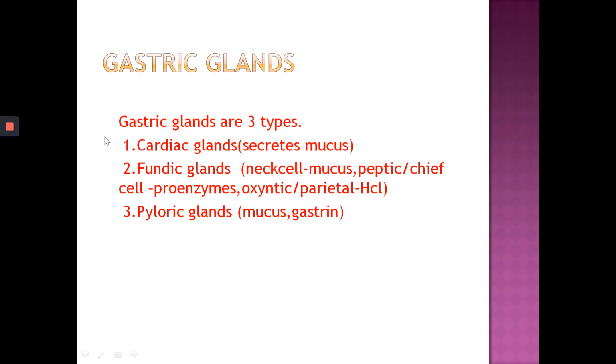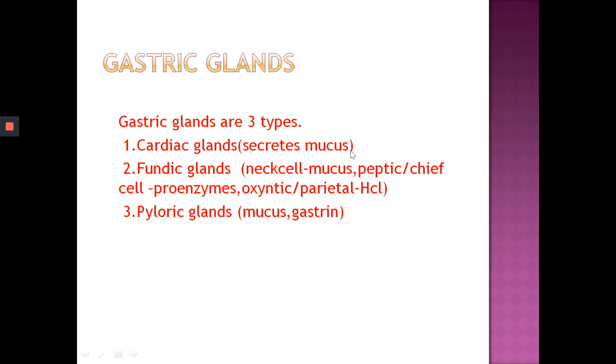So gastric glands consist of cardiac glands, fundic glands, and pyloric glands. All these glands secrete substances, and together these are known as gastric juice. Gastric juice consists of mucus, proenzymes like pepsinogen and prorenin, and HCl.